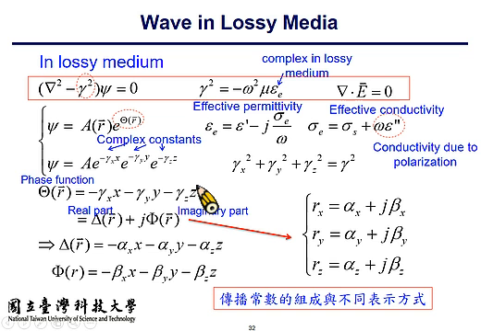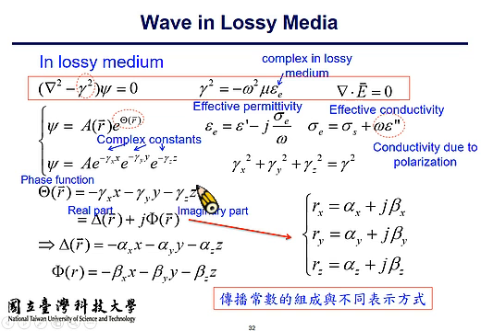We have already seen the propagation constant in lossy media. That is, we use gamma to represent the propagation constant. As you can remember, if the propagation medium is lossless, then the propagation constant becomes a purely imaginary number.